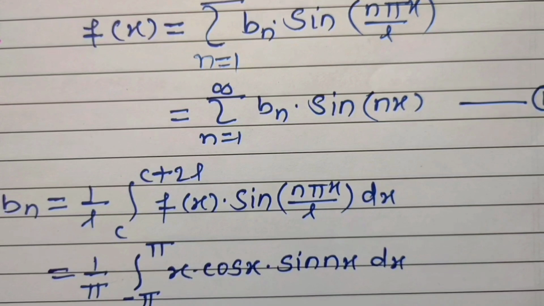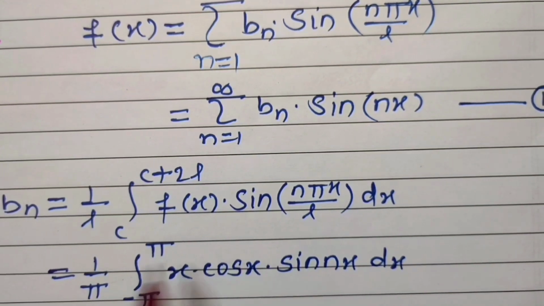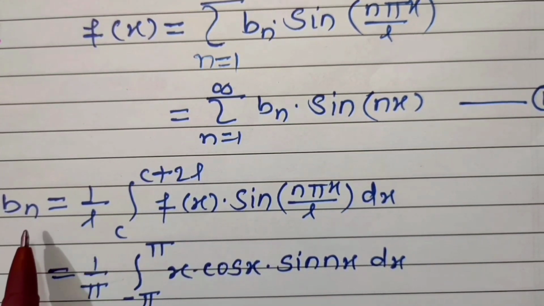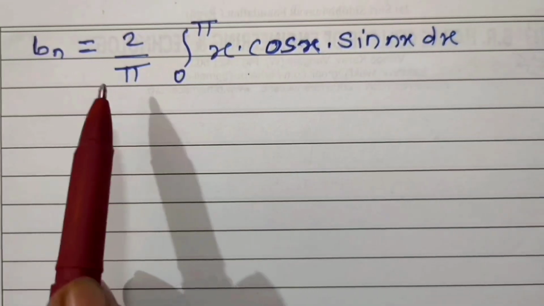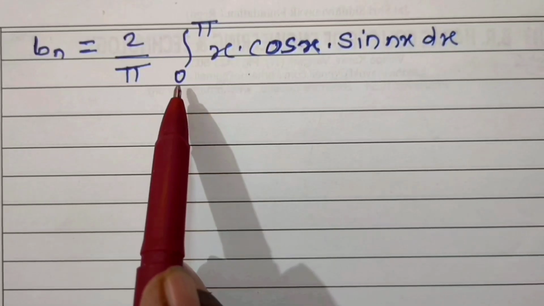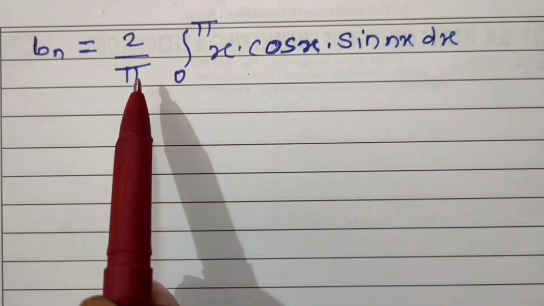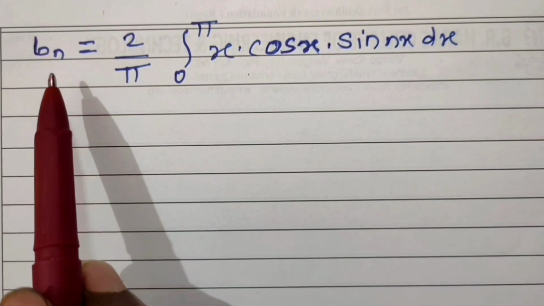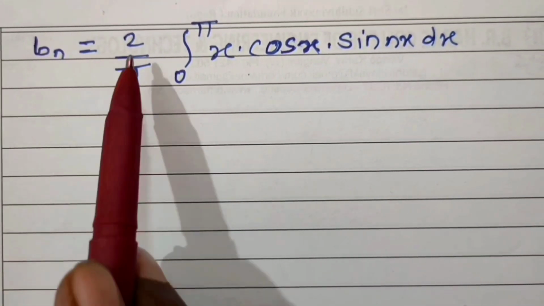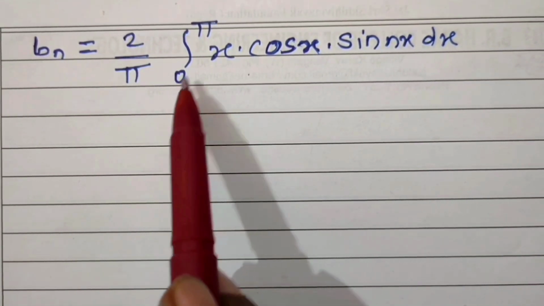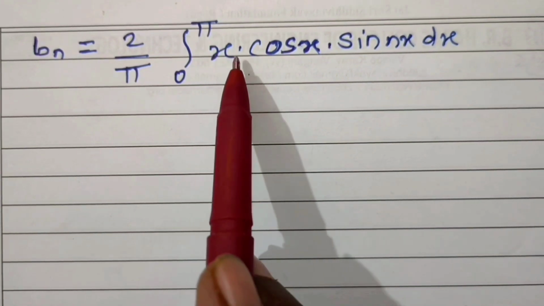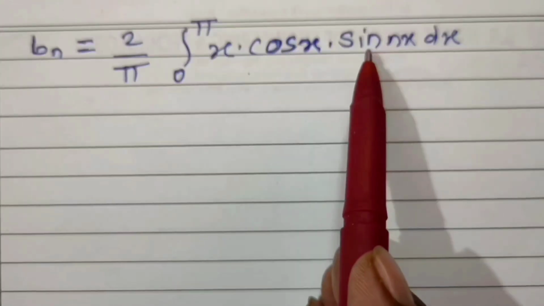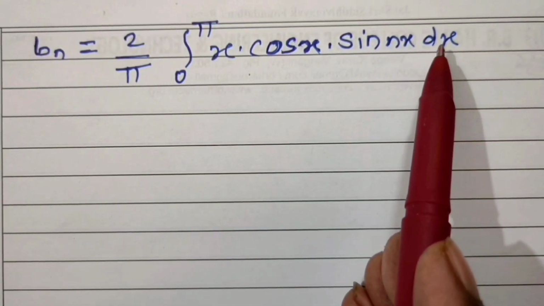Now in step number 2 we have to evaluate this integral to get the value of the Fourier coefficient bn. Substituting the value of L, c plus 2L on the right hand side of bn, that gives bn is equal to 2 upon pi integral from 0 to pi x into cos x into sine nx, integral with respect to x.